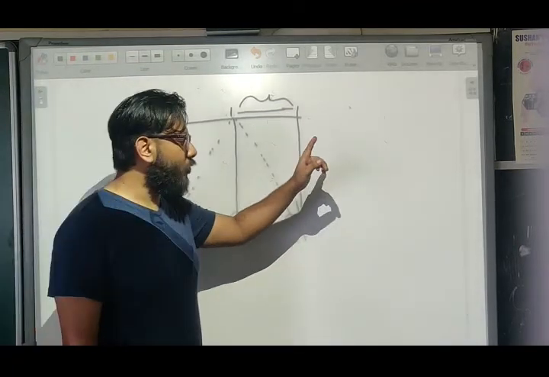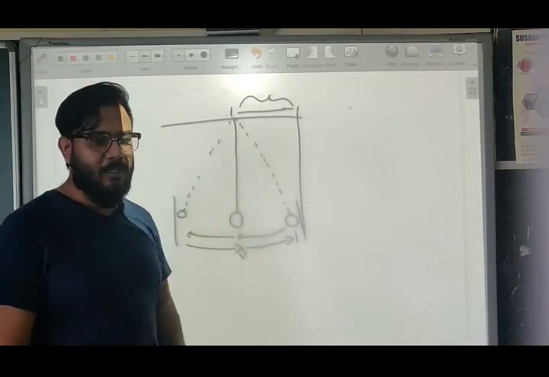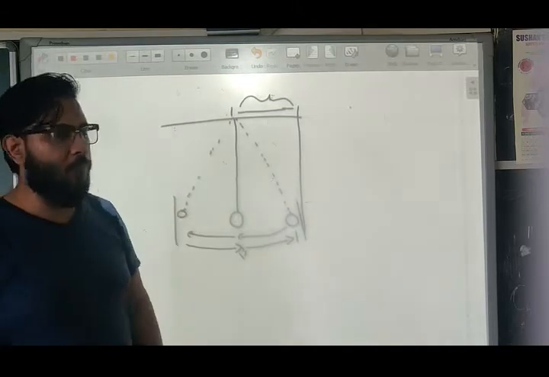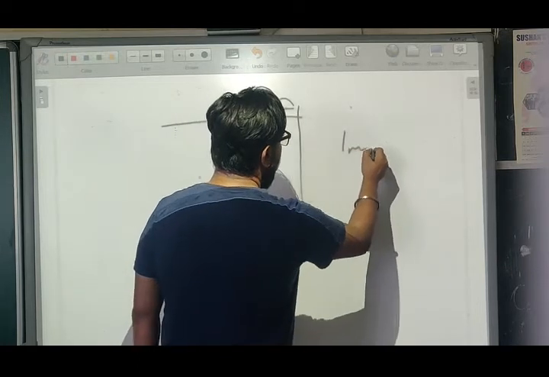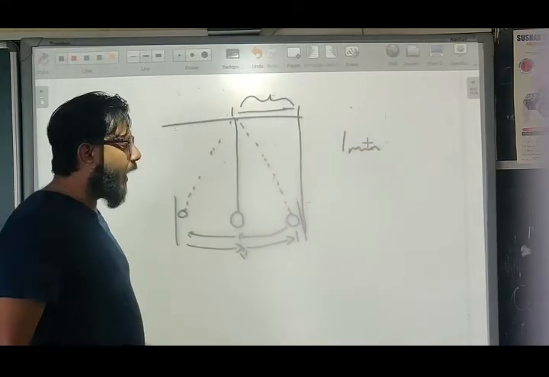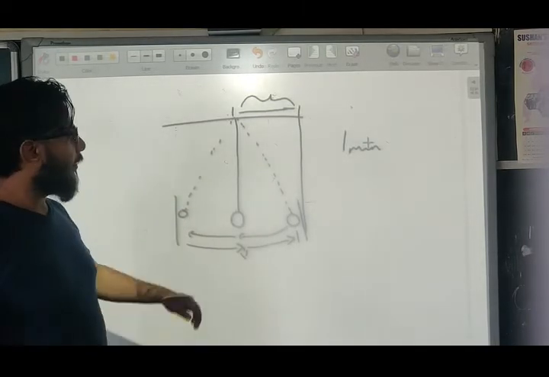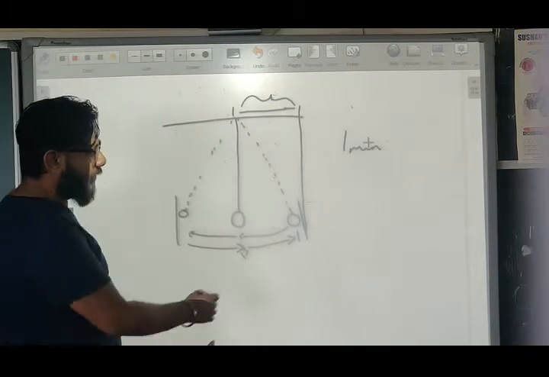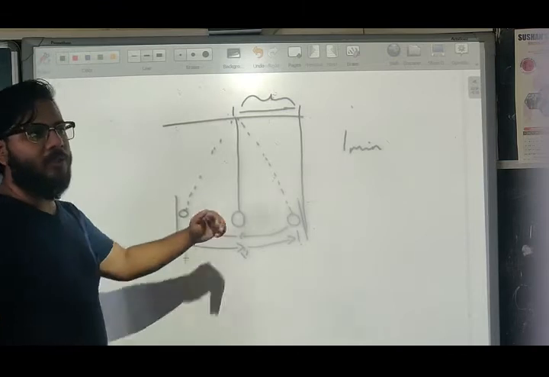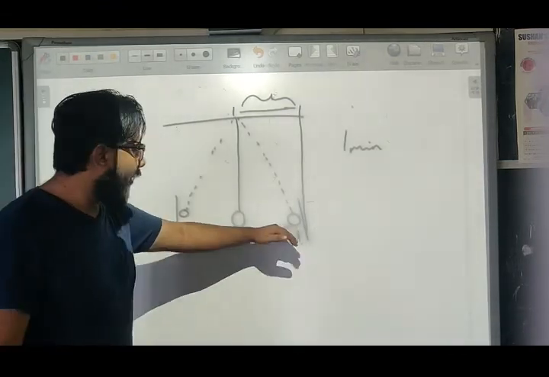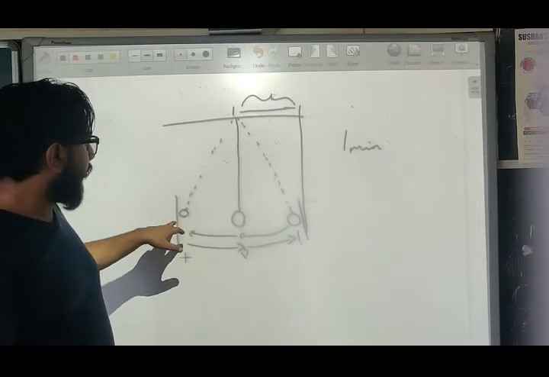Now let's say you pull it to the highest point and let it go, and you're checking your stopwatch. In 1 minute, how many oscillations is it going to make? Let's say it starts from this point, goes to that point and comes back, and it takes 2 seconds to complete that. 1 second to go from here to there, and 1 second to go from there back here.